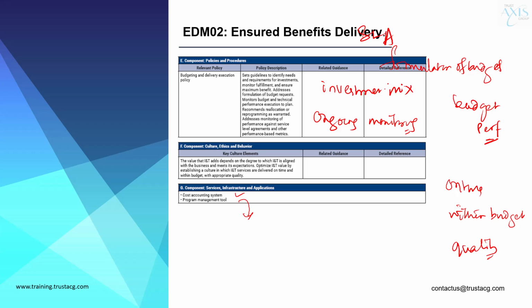So, to summarize what we just covered extensively under this particular governance objective, the whole outcome is to ensure that any investments that are done in IT are aligned with the business expectations or business requirements, and must deliver the value or the benefit which was envisaged in the business case that was proposed.